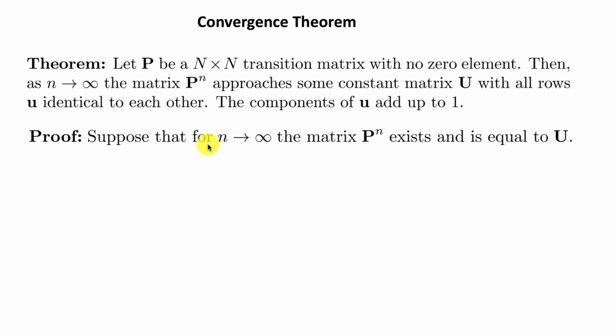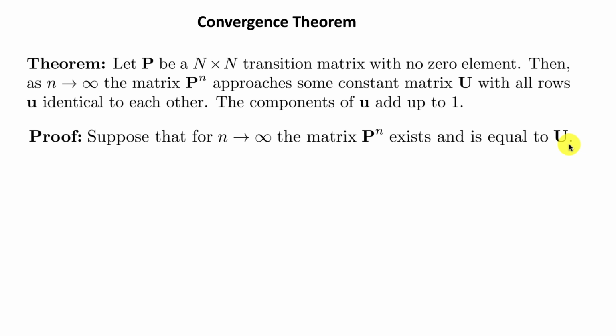Now, I will assume that as n goes to infinity, this matrix P to the power n exists and is equal to U. I shall tell you where you can find the proof for this, and I will prove this for 2x2 matrices only, but let's assume this for now.